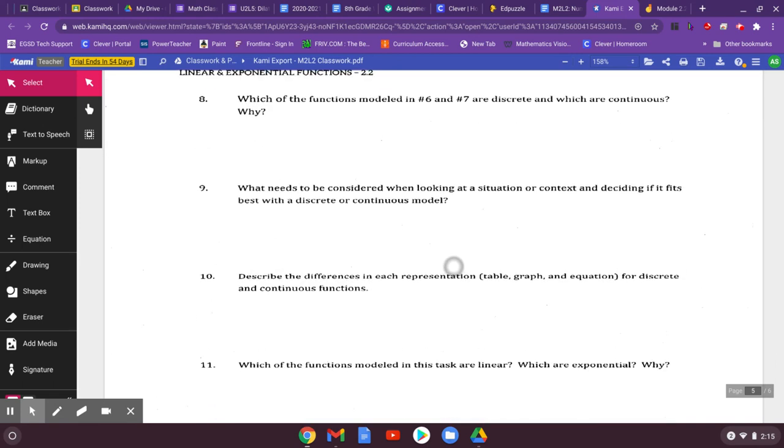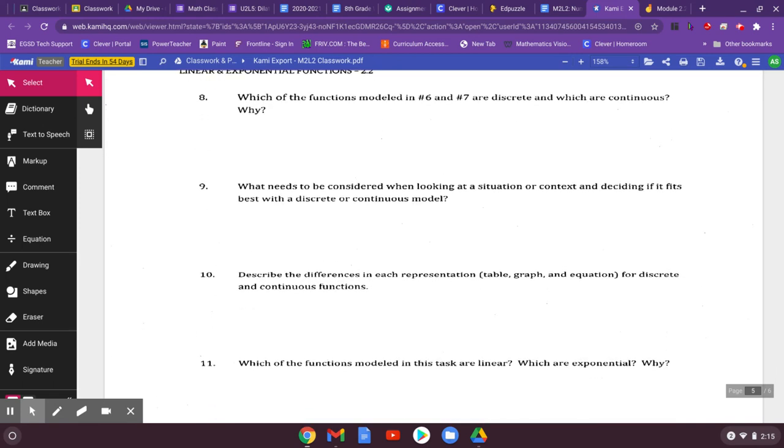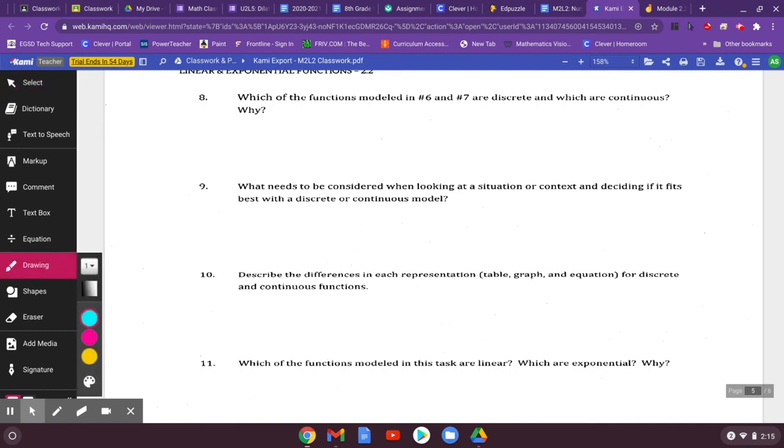All right, let's wrap it up with some analogies. Analyzing what we're doing here. So which of the functions in model 6 and 7 are discrete and which are continuous? So 6 was the cuts, 7 was the dog medicine. Number 6 was discrete because cuts can't be in half.